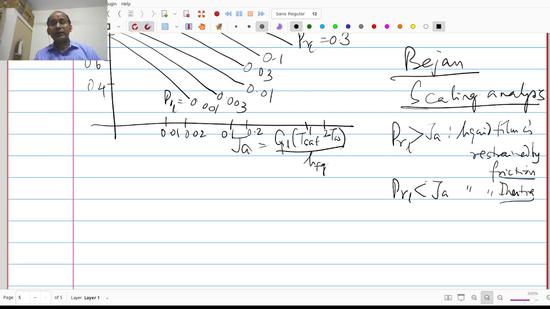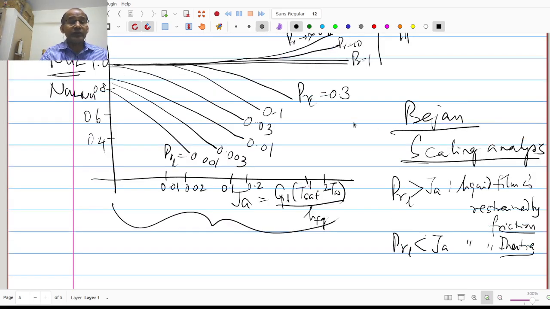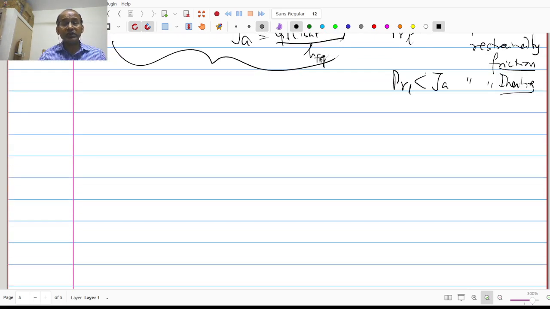So in the scaling analysis or order of magnitude analysis, he dropped the appropriate terms, and he was able to show that this entire graph of all curves between 0.003 to 0.3 could be collapsed into a single curve.